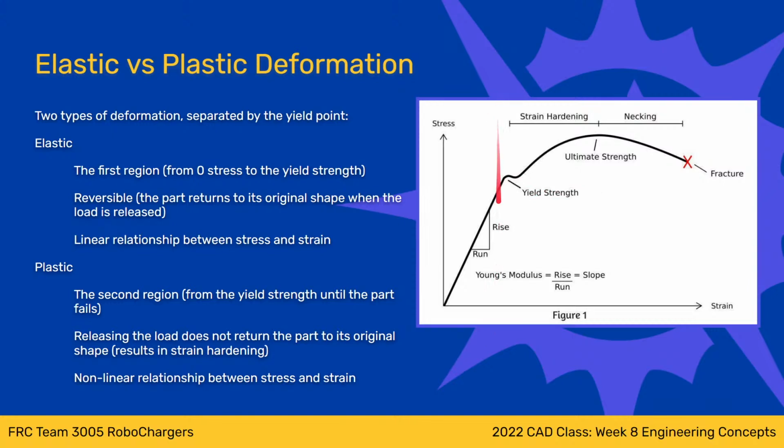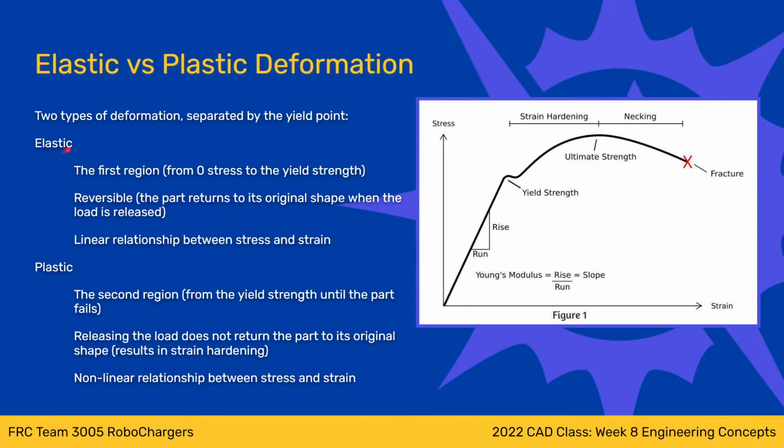We can split it right here at the yield strength with a vertical line, and everything to the left is what's called elastic deformation, and everything to the right is plastic deformation. Now these are very important terms when you're understanding materials and material strength.